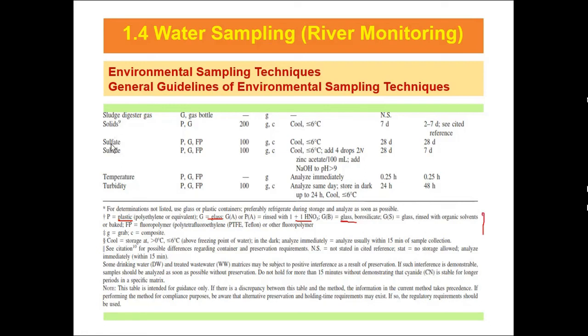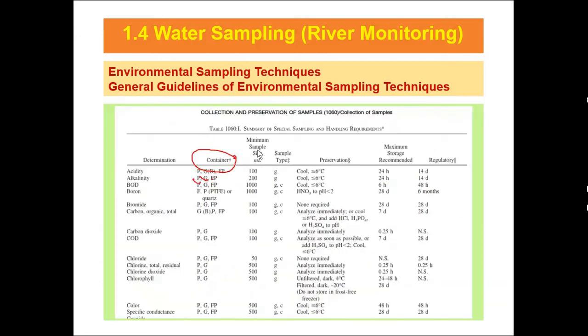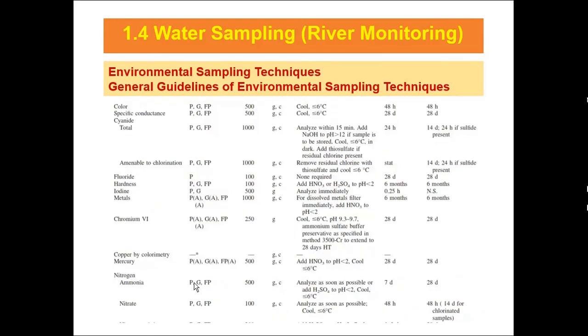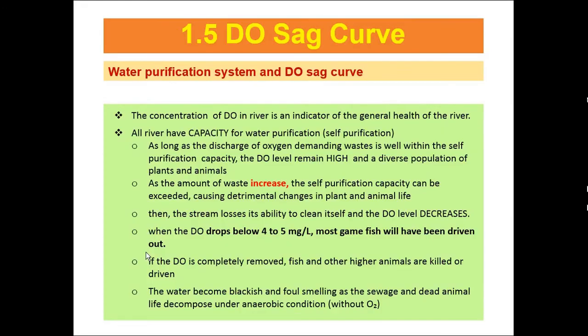For sulfate you can use this one. Here is the volume and the sample volume, so you can look at which one depends on the water sampling. Mercury is here. For heavy metals we commonly use plastic.